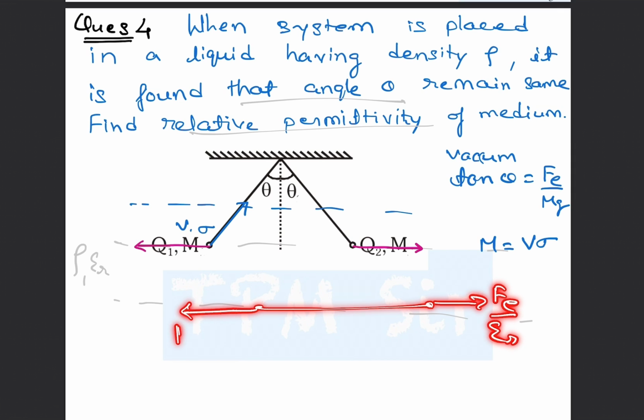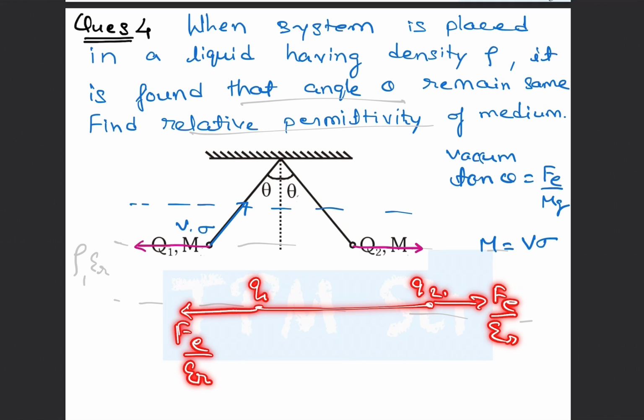Here also the force of repulsion will become Fe by epsilon r. So what is Fe? Fe is the force of repulsion between these two charges Q1 and Q2 when they are placed at the same distance in vacuum.